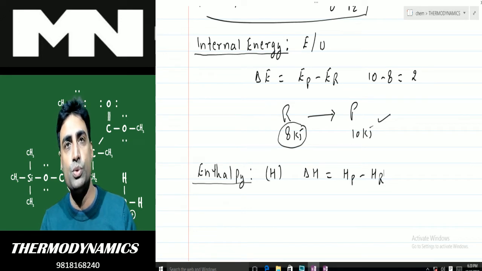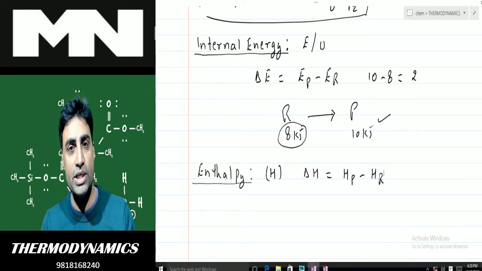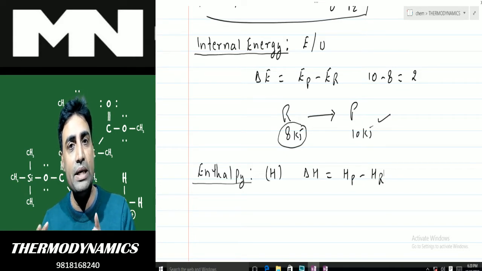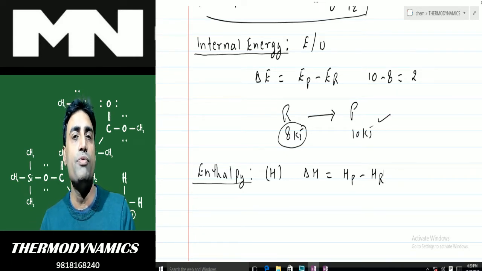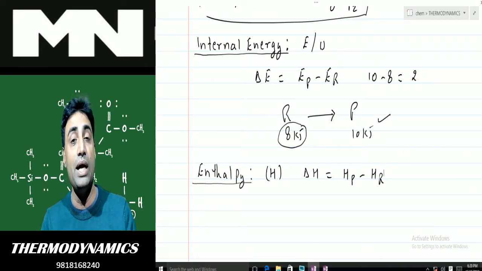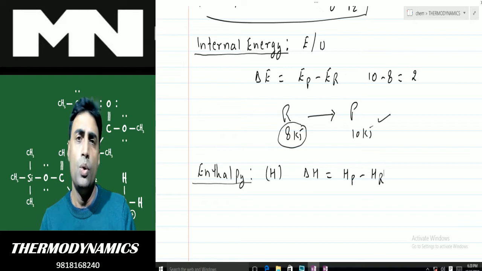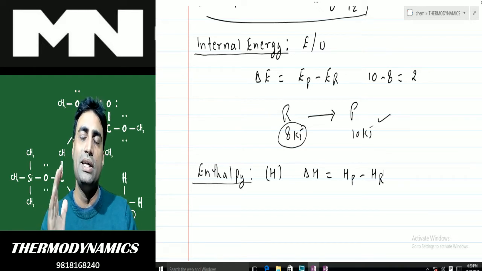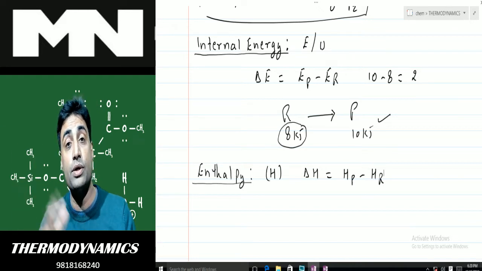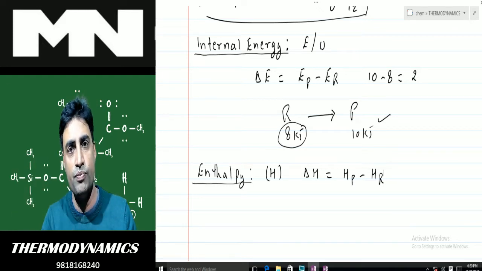My dear students, since we are studying thermodynamics, this term is very important, because here we are dealing with energy in the form of heat. You might have done one thing in the structure of atom, ionization energy. What is ionization energy? Ionization energy is the minimum amount of energy that is required to remove the most loosely held electron, that is the valence electron, from an isolated gaseous atom.